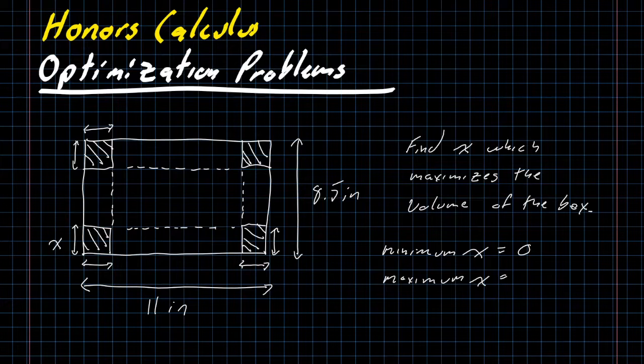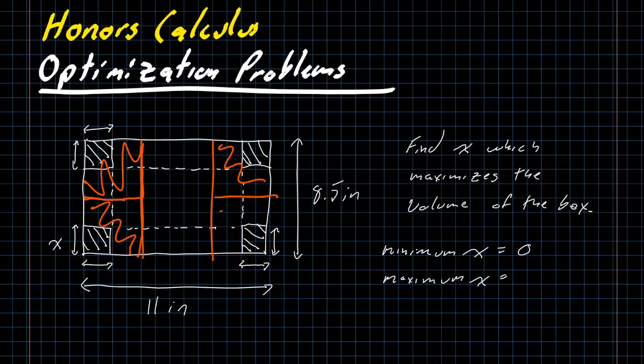The maximum value of x takes a little bit of thinking. The biggest value of x that you can choose is going to be a value where the square you cut from the top and the square you cut from the bottom are in fact the same square, so you're just cutting everything down. And you're left with, once again, a flat sheet that doesn't have anything buckling up.